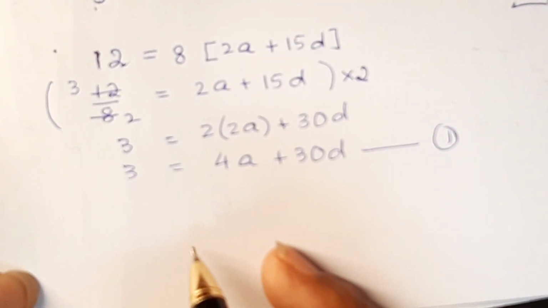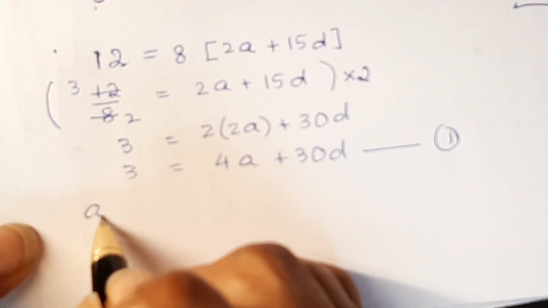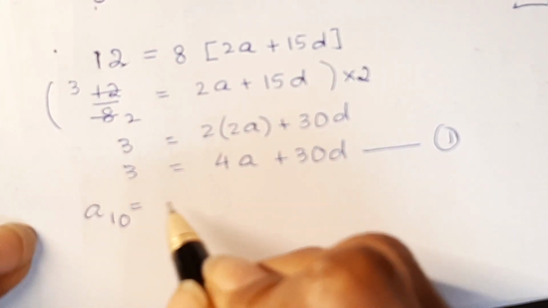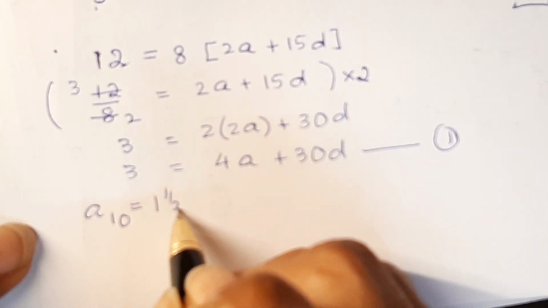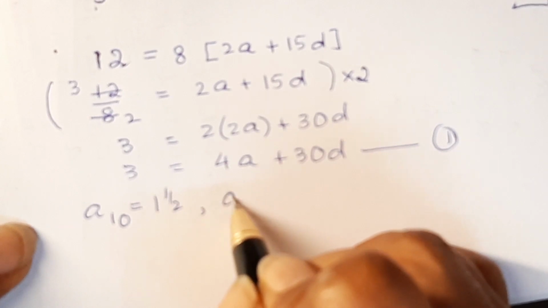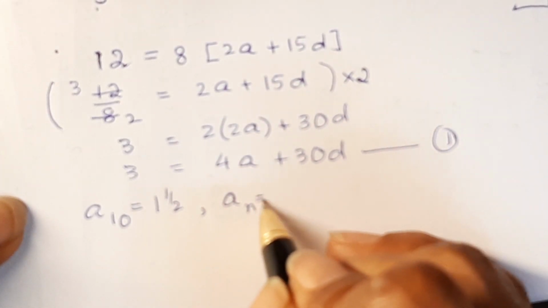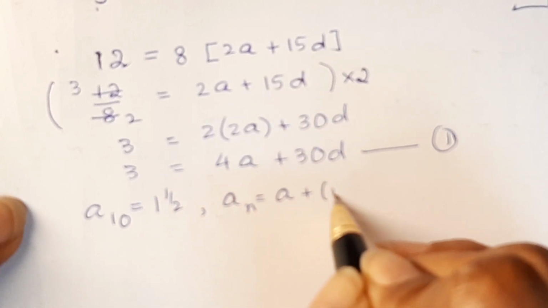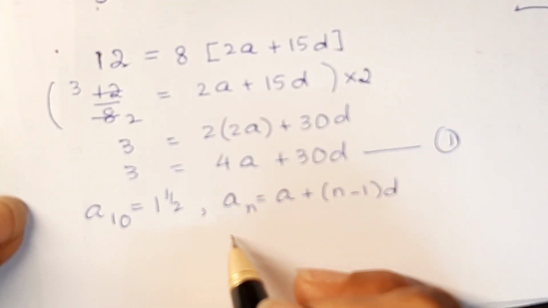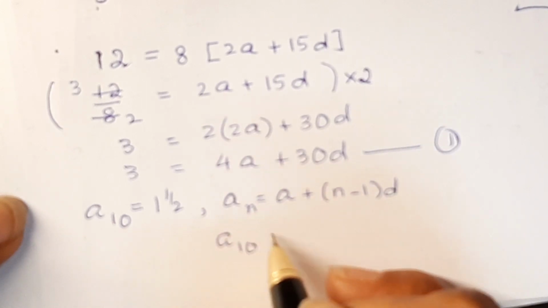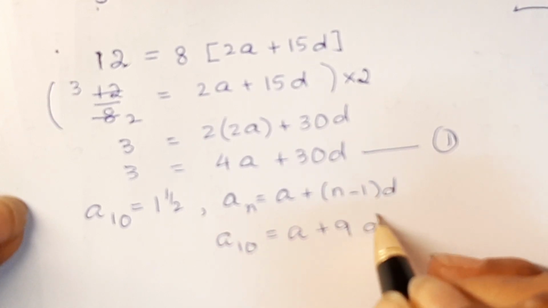Now we are going to make use of the next fact, which is A10. Now A10 has been given as 1.5. So we use the formula An, that is the nth term. Nth term will be equal to a plus n minus 1 into d. So 10th term, which is A10, will be a plus 9d.